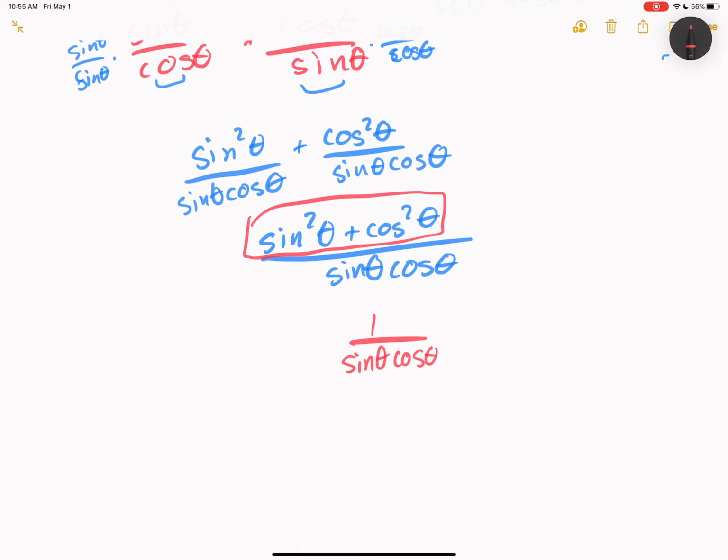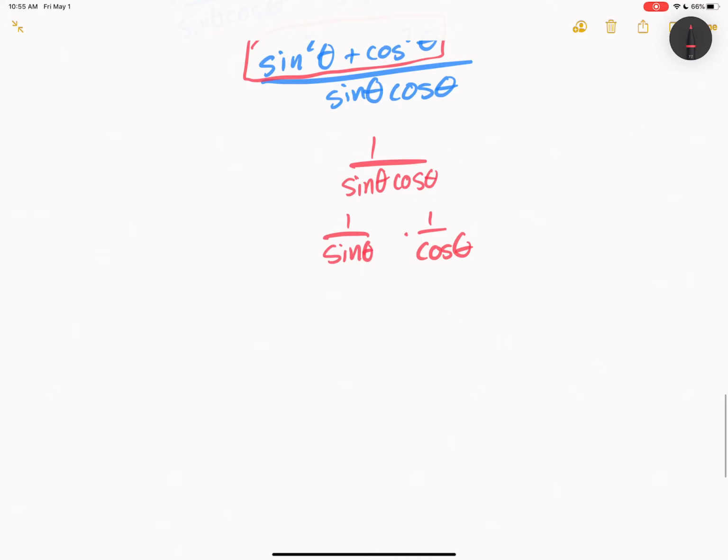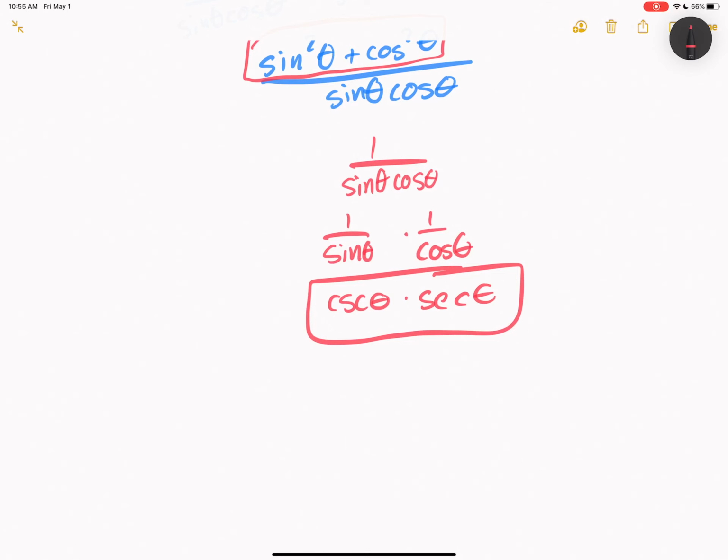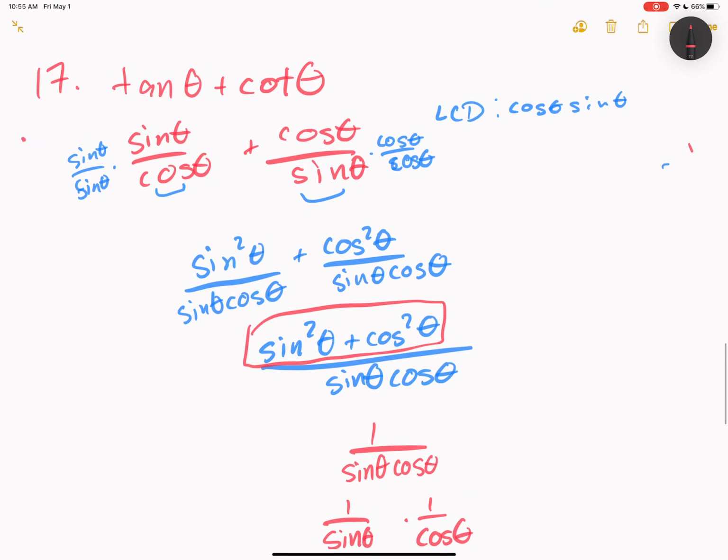Okay, this is kind of the tricky part of this problem. You kind of want to split it up. You want to rewrite this as 1 over sine theta times 1 over cosine theta. You're allowed to do that because if they're only multiplying, you can split it up however you want. 1 over sine is cosecant theta times secant theta. Okay, this problem's a little tricky for sure, especially this first little step right here.